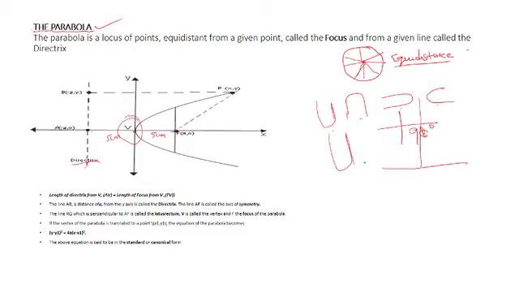The base, which is the minimum value if it is facing upward, or the maximum value if it is facing downward, is called the vertex. The point at the midpoint distance from it is called the focus of the parabola.